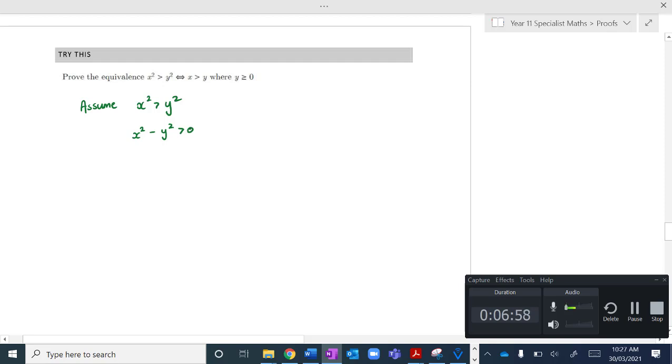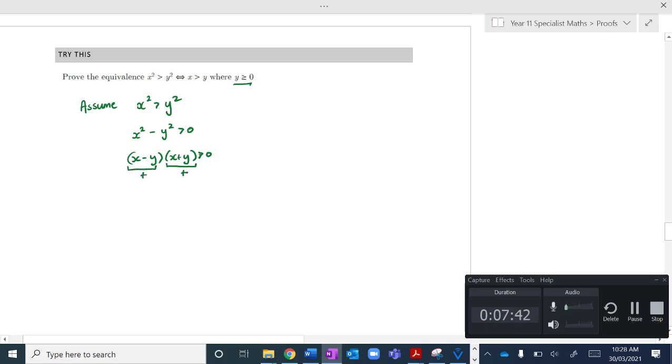If I go ahead and factorise that, that's x take y, and x plus y is greater than 0. Now we know that y is greater than 0. We've been told that. And we also know that x squared is greater than y squared. So we could divide both sides by x plus y, and we know that that's going to be positive.